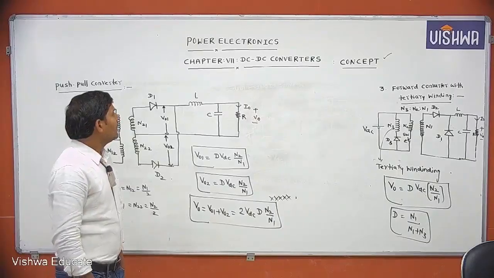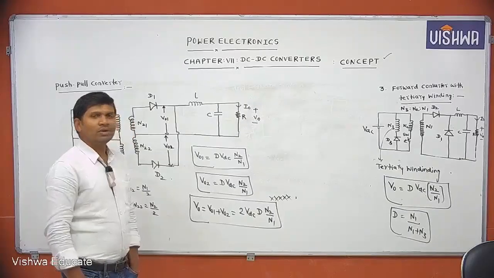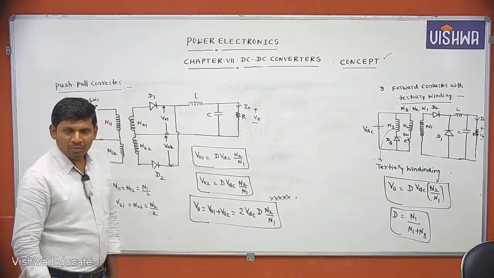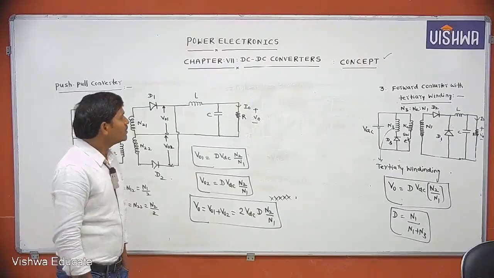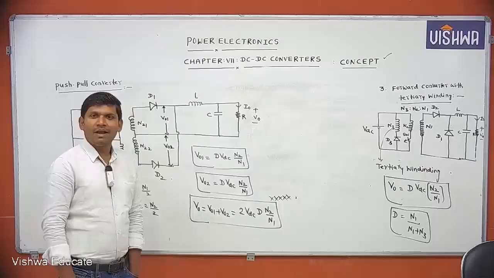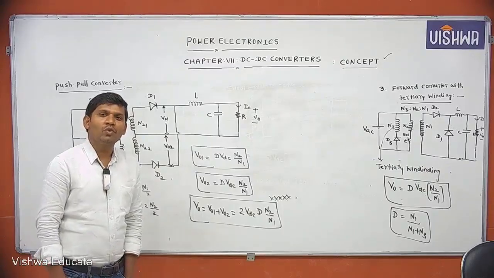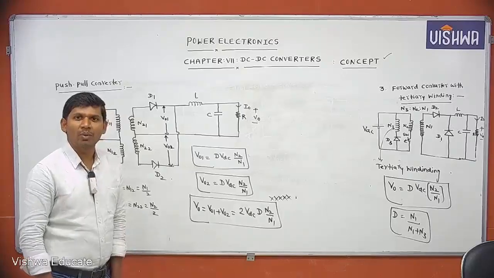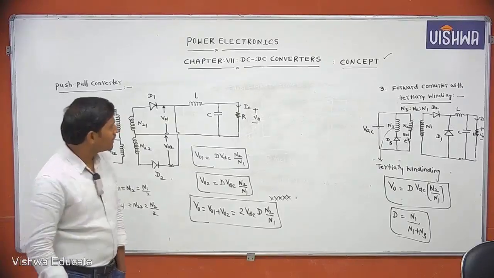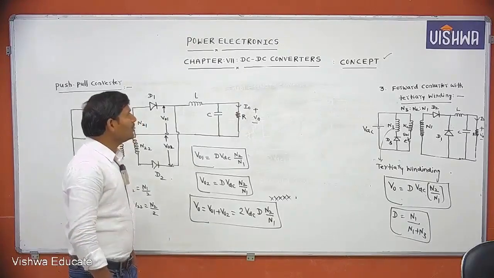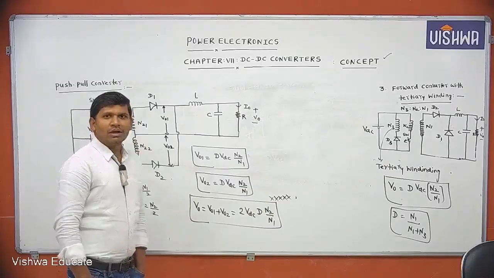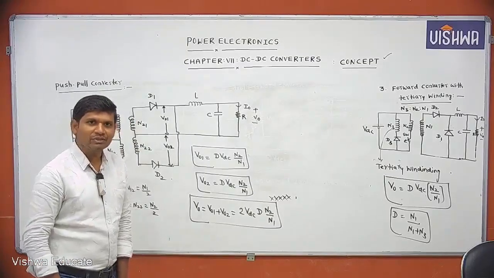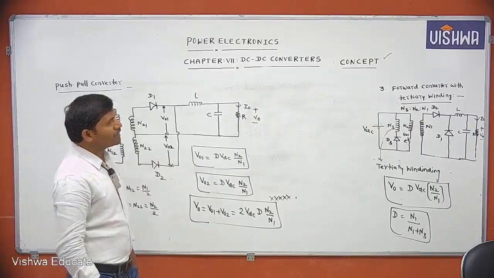I gave a brief discussion of Jones chopper and Morgan chopper. Then I discussed AC chopper and multi-phase choppers, and how to write the formulas for multi-phase choppers. Then I explained class C commutation, that is complementary commutation, with waveforms and derivation.